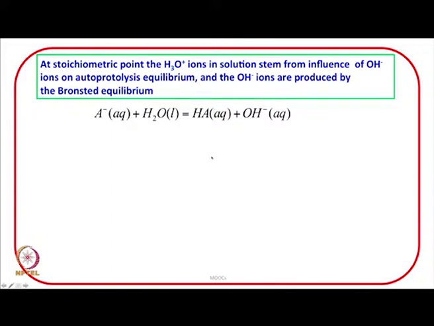It will accept a proton and result in the formation of OH minus ion. And therefore, these will influence the stoichiometric point.